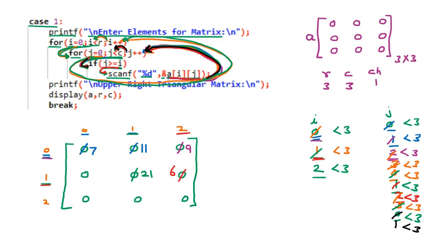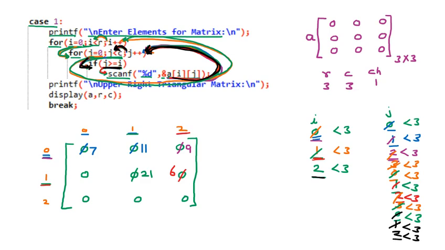Again coming down. Is j greater than or equal to i? Is 1 greater than or equal to 2? No. Again going back, and again j++. So j is now 2. Again checking the condition, 2 less than 3. True. Coming down. Now checking, is j greater than or equal to i?